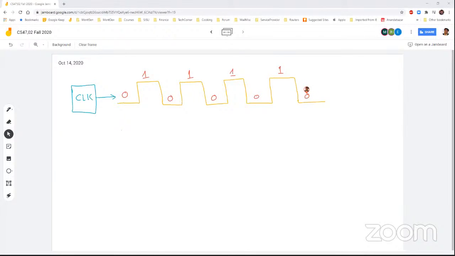And the distance between the time when the signal goes from logic 0 to logic 1 and when it next goes from logic 0 to logic 1 is called a time period. So T is my time period. Definitely the unit is a time unit.